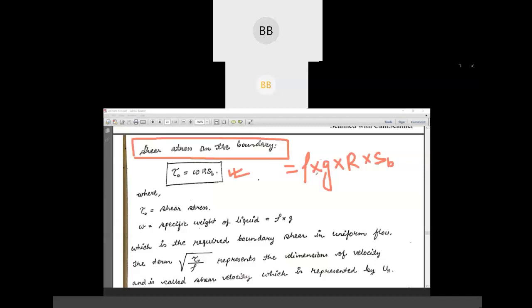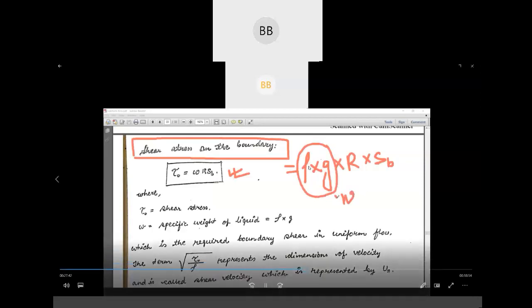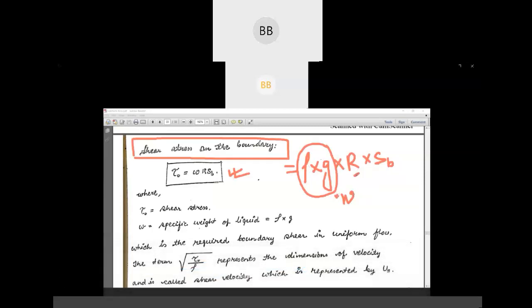So shear stress is equal to rho into g, or you can write specific weight small w, multiplied by R, hydraulic radius, multiplied by bed slope.